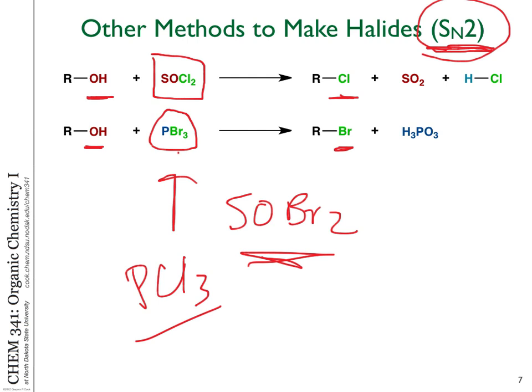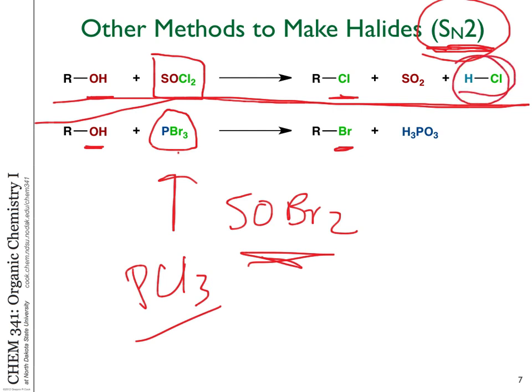And something else: in the case of using thionyl chloride, we usually add something else in here. You notice that the byproduct in this reaction is hydrogen chloride, HCl. Actually, we add something else to this reaction to neutralize that HCl. It's a base that we call pyridine. It's an organic base.